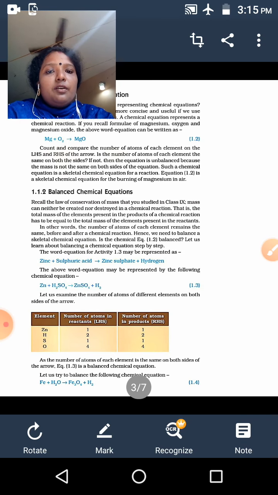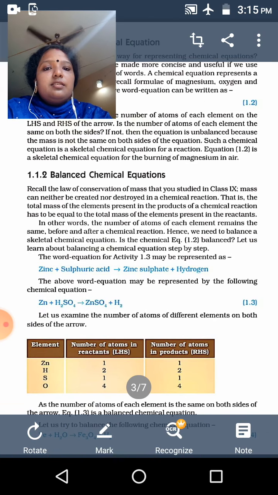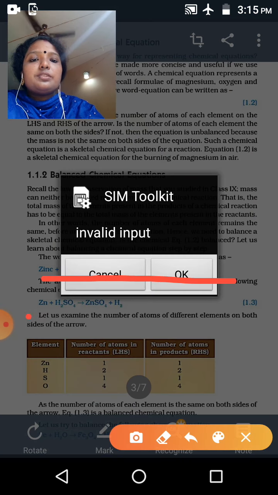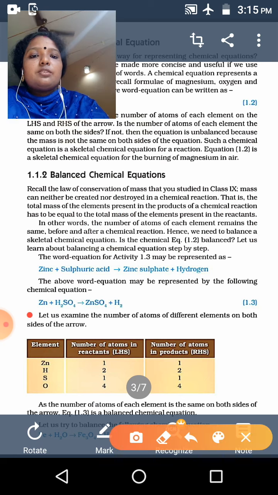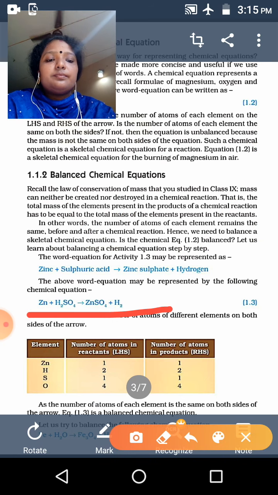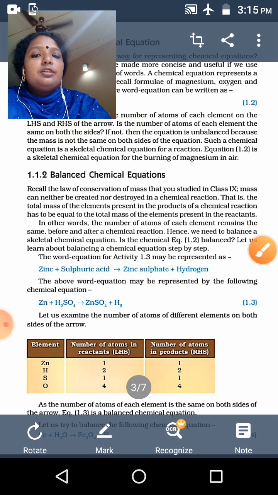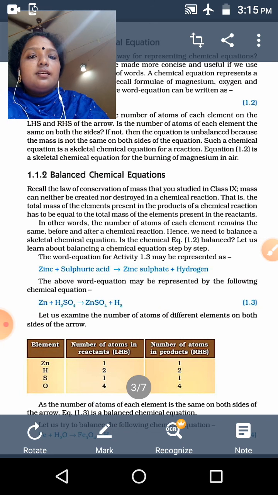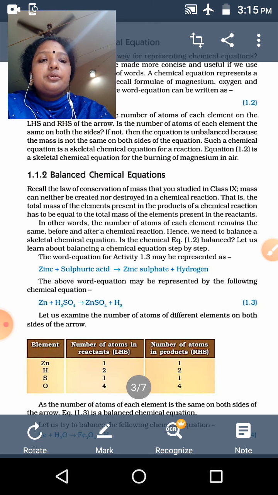From here, you can see that this type of equation is known as a word equation, and this type of equation is known as a chemical equation. From this equation, first you have to balance it. You can draw a circular box around each element, and then draw 3 columns.